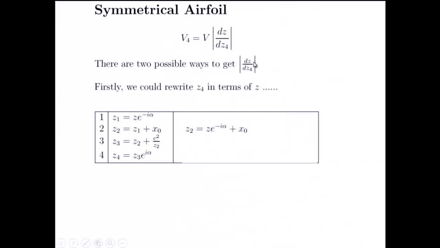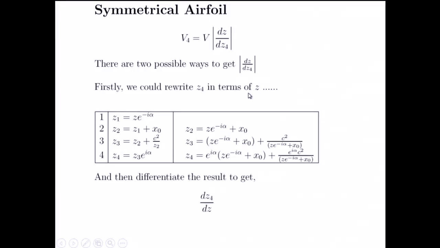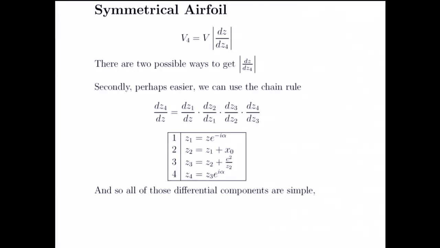We want a relation between z and z4. z4 is a function of z3, and we can get rid of z3 by substituting equation 3 into equation 4. Now z4 is an equation of z2, and to get rid of z2, we need to use equation 2. It's a very tedious process, right? You get an extremely long and complicated equation in the end, but you can still differentiate it and get dz/dz4, which probably requires a bit of time.